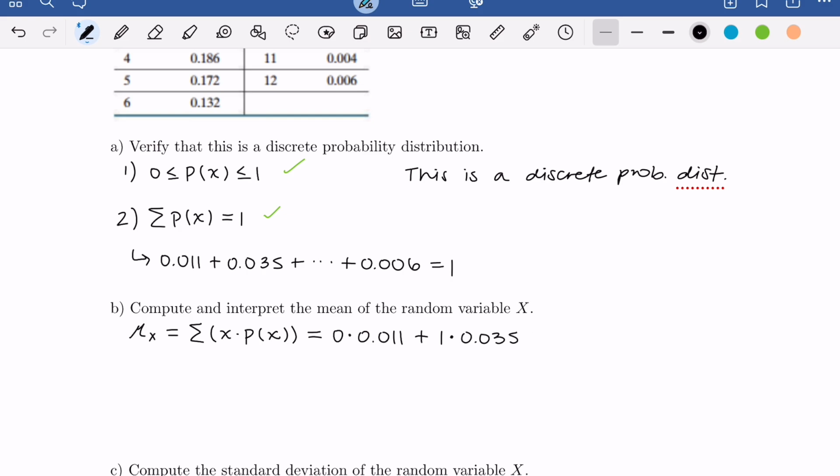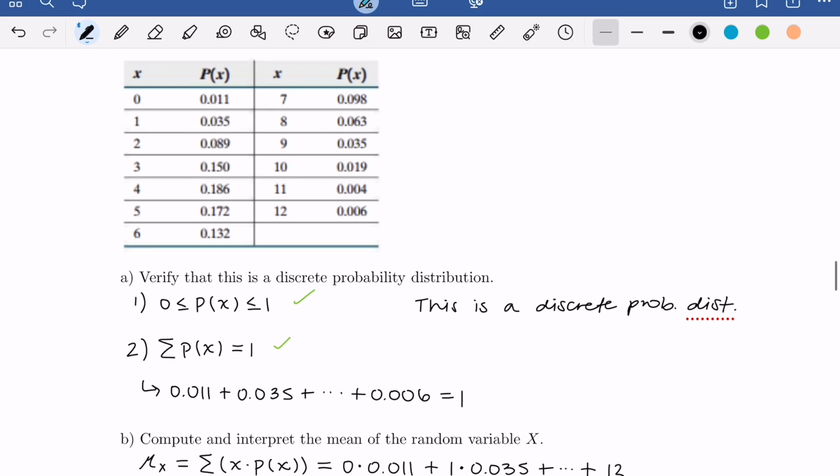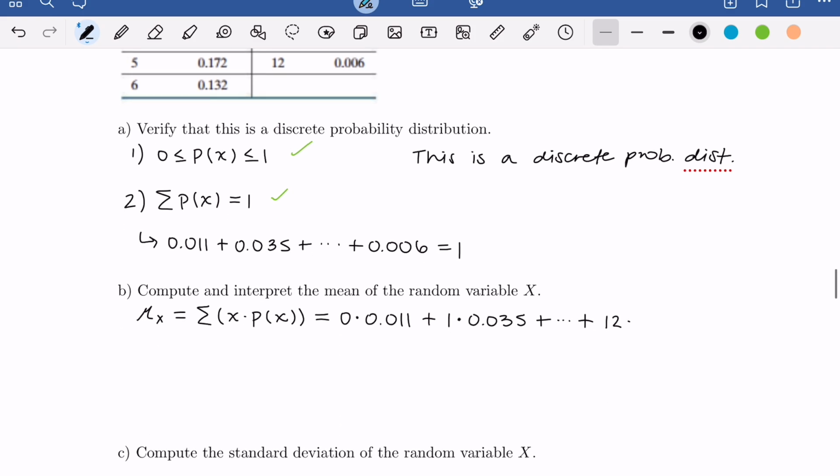Okay. So doing so all the way up to our last, we have 12 is the value of our random variable, looking back at this table, and the corresponding probability is 0.006. Okay. So adding all of these products together, we're going to get that this is equal to 4.87. So this is our mean, and we also want to interpret it.